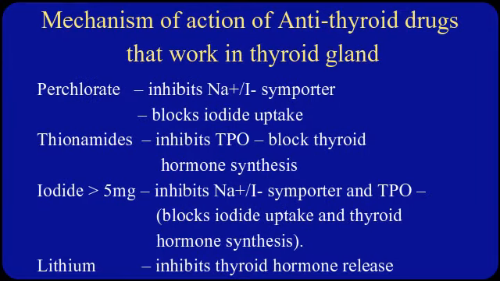Coming to the mechanism of action of antithyroid drugs that work in the thyroid gland, one of these is perchlorate. Actually, this drug inhibits the sodium iodide symporter and thereby blocks iodide uptake.